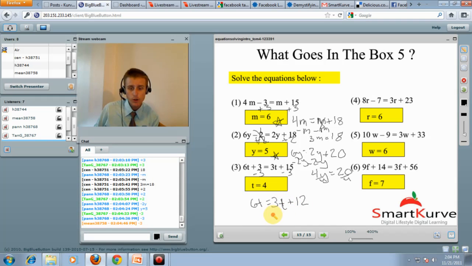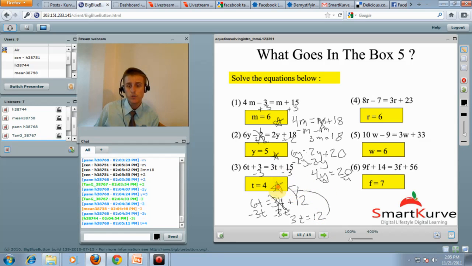What is the second thing we're going to do? Correct. Subtract 3t from both sides. These ones cross out. We have 3t equals 12. Simple equation, as we were doing earlier. T equals 4. Perfect.